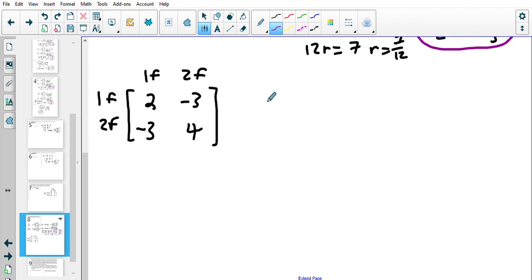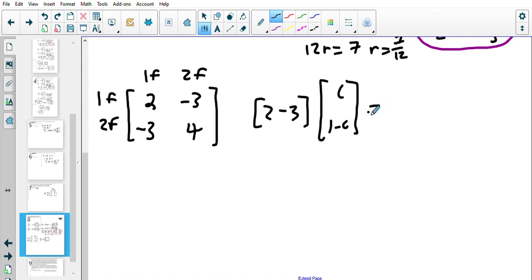So now we're going to find the optimal strategy for the column player by comparing it against the two possible rows. So we've got 2, -3 against C, 1 minus C. That gives us 2 times C, and -3 times 1 minus C is -3 plus 3C, or 5C minus 3.